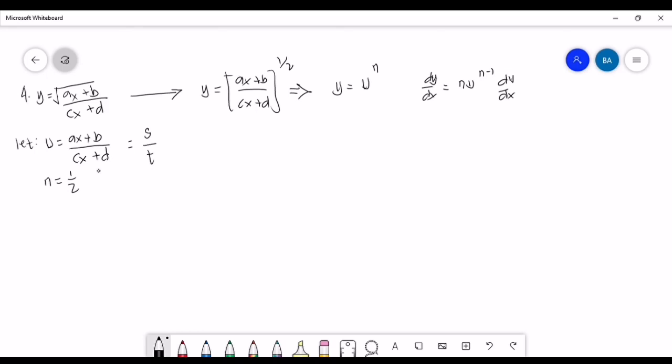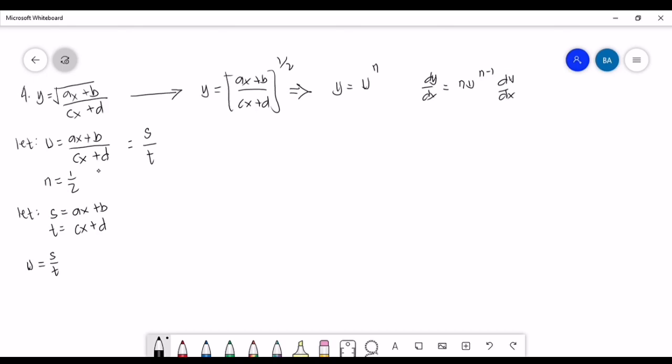So to solve for du dx, let s be equal to ax plus b, and t be equal to cx plus d. So if we rewrite this, our u will become s over t.